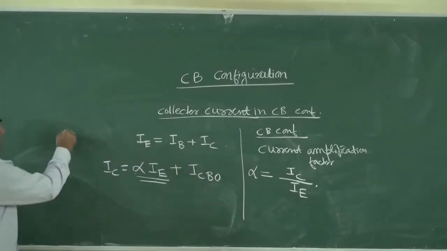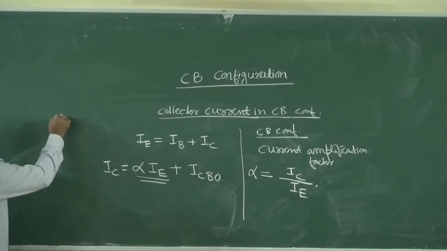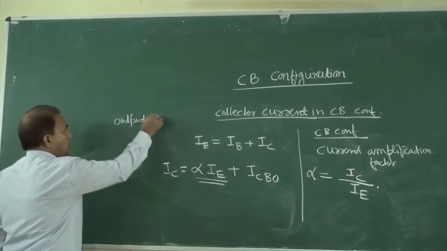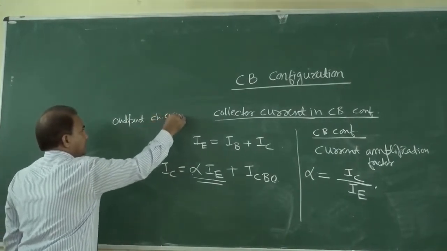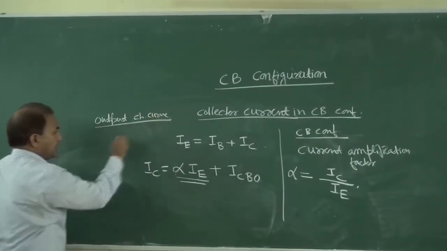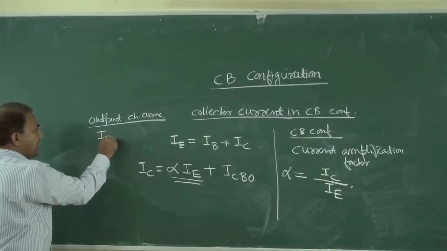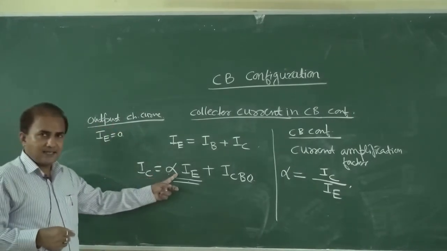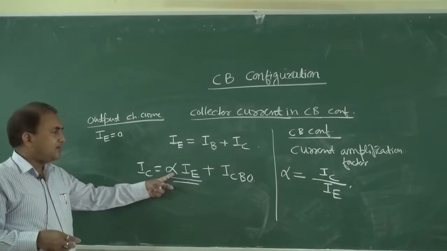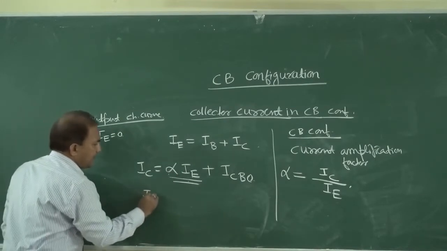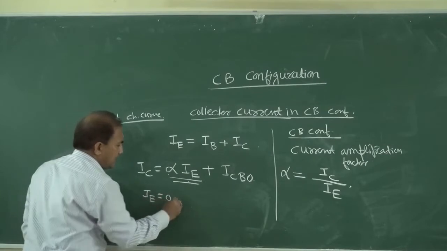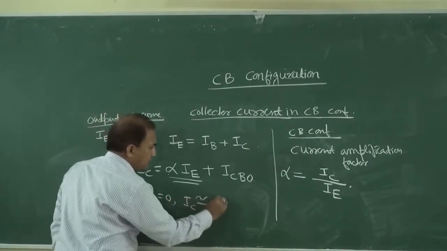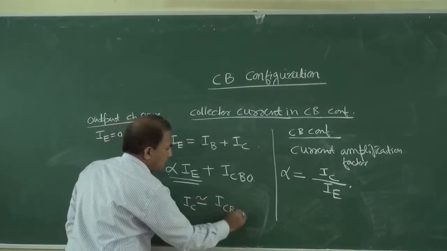We have seen in the output characteristic curve, if IE is equal to 0, then IC is equal to ICBO.